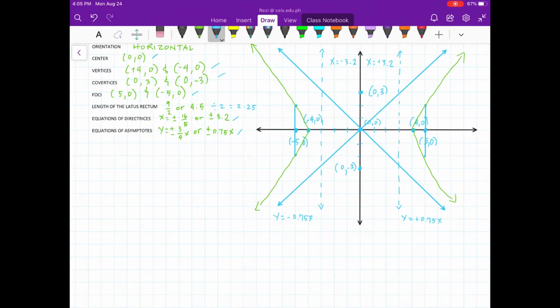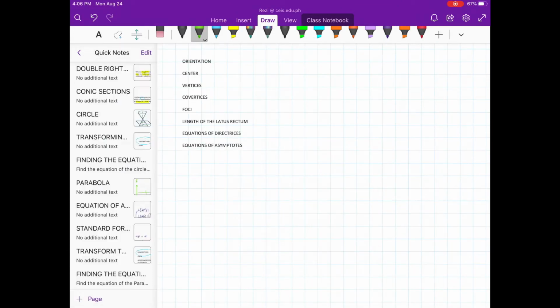Thus, this is the graph of the given x squared over 16 minus y squared over 9 is equal to 1. Now let's have example number 2.